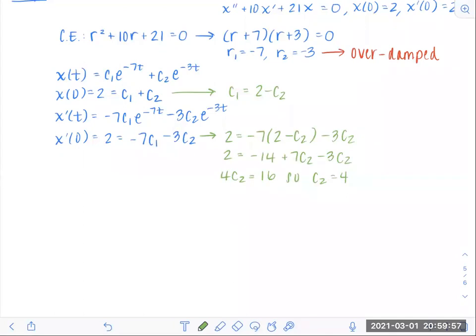All right, and now let's go ahead and back substitute into our C1. I'm going to come back up here. I got 2 minus 4, which gives me negative 2 for C1.